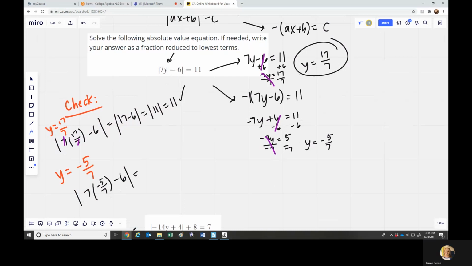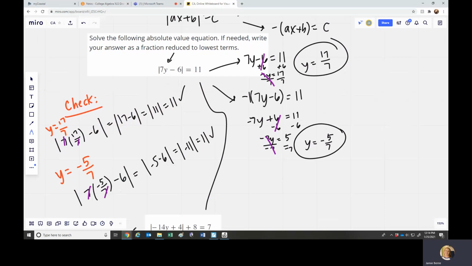Again, the 7 in the numerator cancels with the 7 in the denominator. Negative 5 minus 6 inside the absolute value. That is absolute value of negative 11. Absolute value of negative 11 is 11. So both of those worked. So those are our answers. Your homework may want you to write them together. So you could do like 17 over 7, comma, negative 5 over 7.